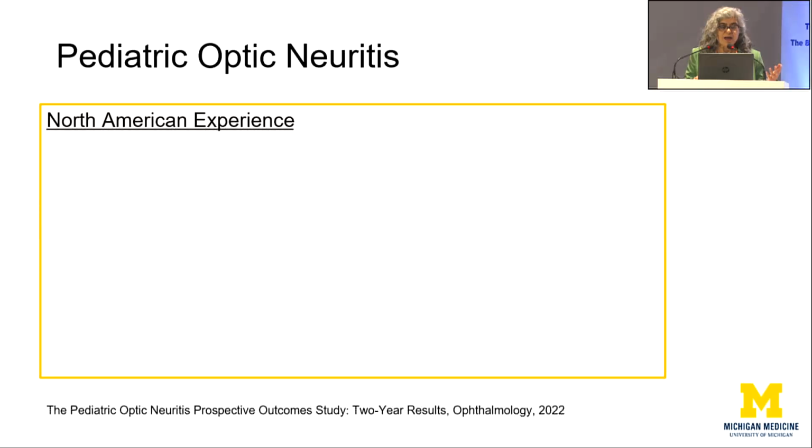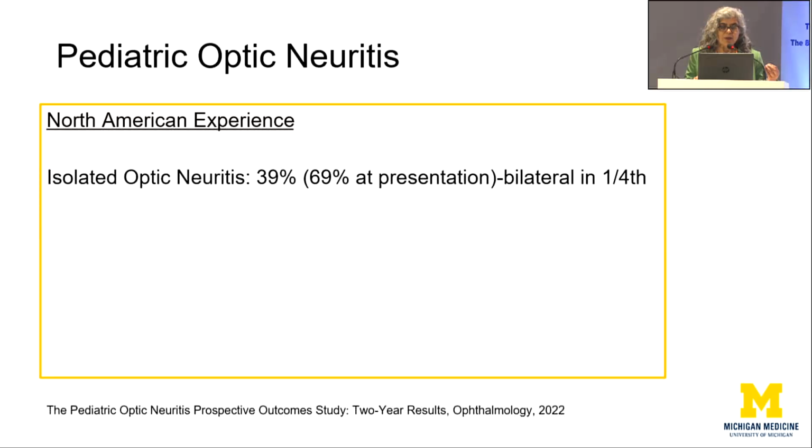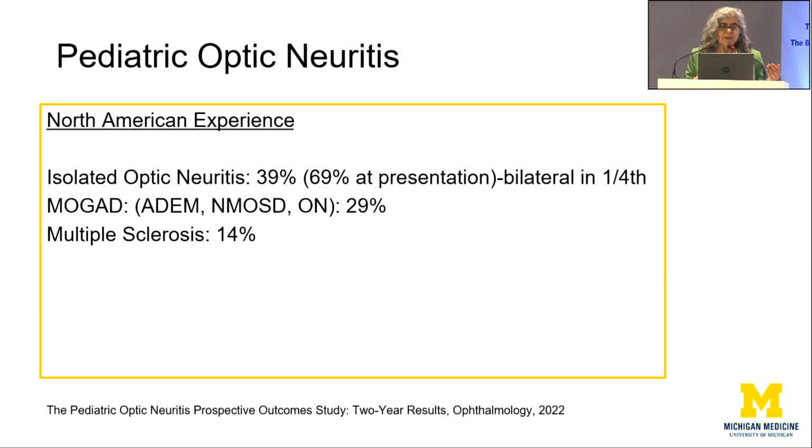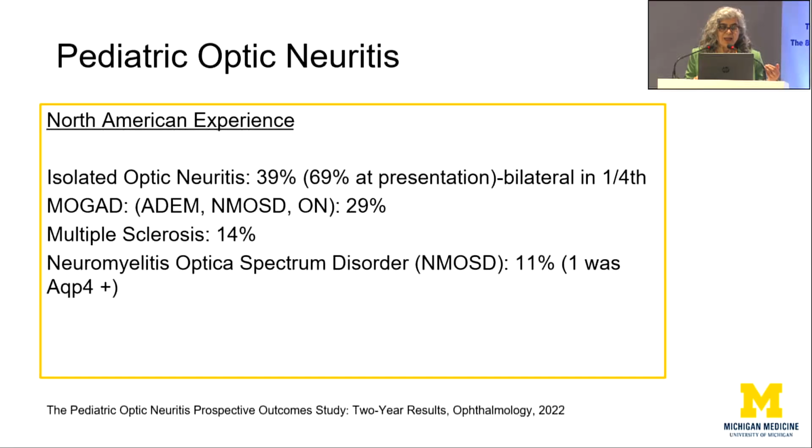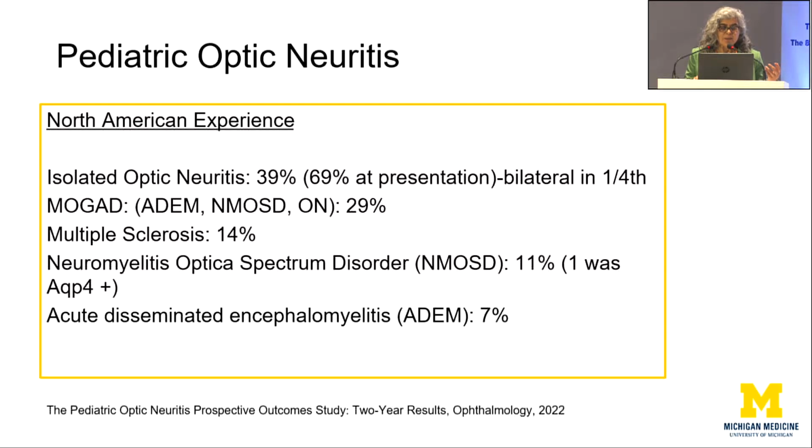What they found was that about 40% was isolated optic neuritis. MOG disease was the next most common cause, about 30%. Multiple sclerosis was less common, and neuromyelitis optica was only 1 patient, and 7% presented with ADEM in addition to optic neuritis.